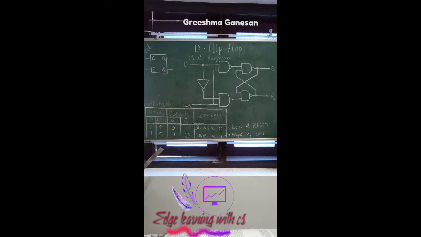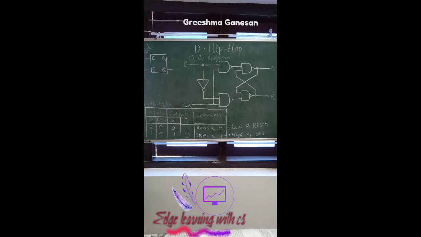Let us check all these points with the help of the truth table. Mainly we can say that the D flip-flop is a simple flip-flop and only one input will be there in addition to the clock.